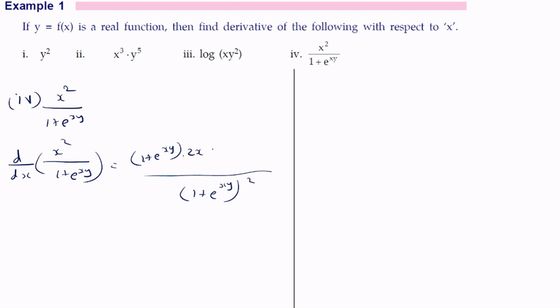Derivative of x square is 2x minus x square into, we have to differentiate the denominator. So it is derivative of 1 plus e raised to xy is e raised to xy into, we have to use chain rule to differentiate 1 plus e raised to xy. So it is e raised to xy into, here we have to differentiate xy. So it is y plus x dy by dx.